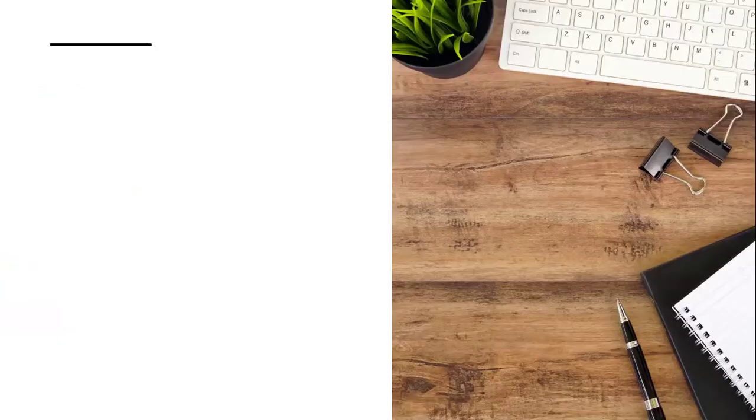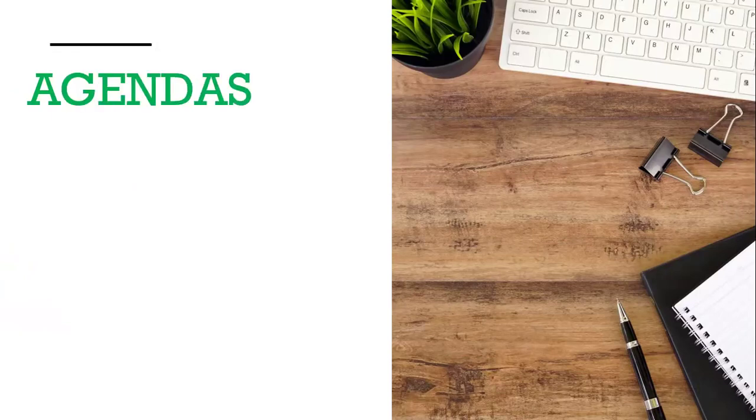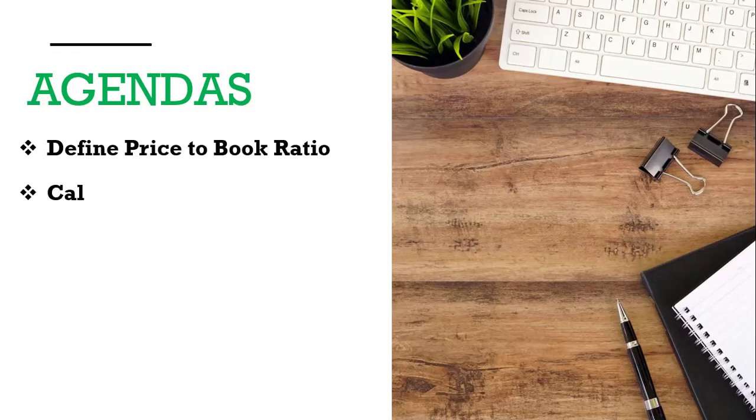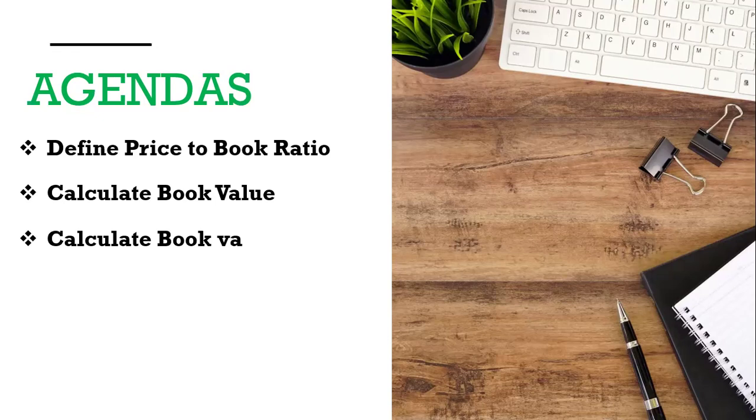Now let's talk about the agenda we are going to cover today. We'll define what price to book value is, and then from there we will calculate book value. Once we have the book value, we will calculate book value per share.